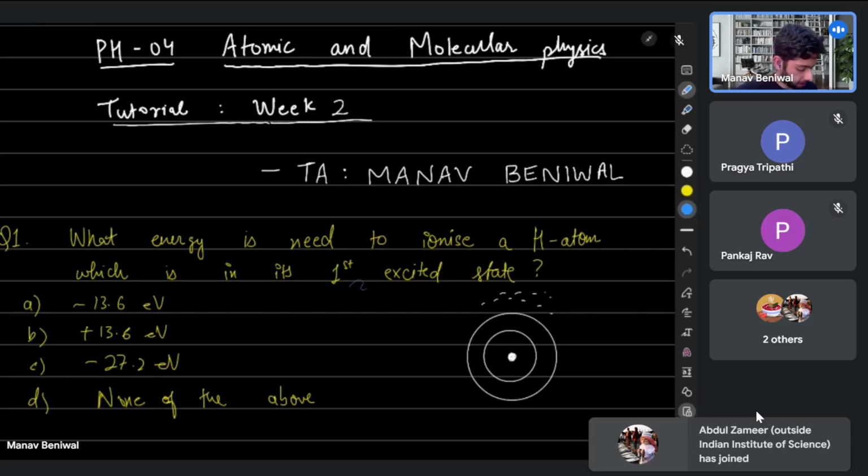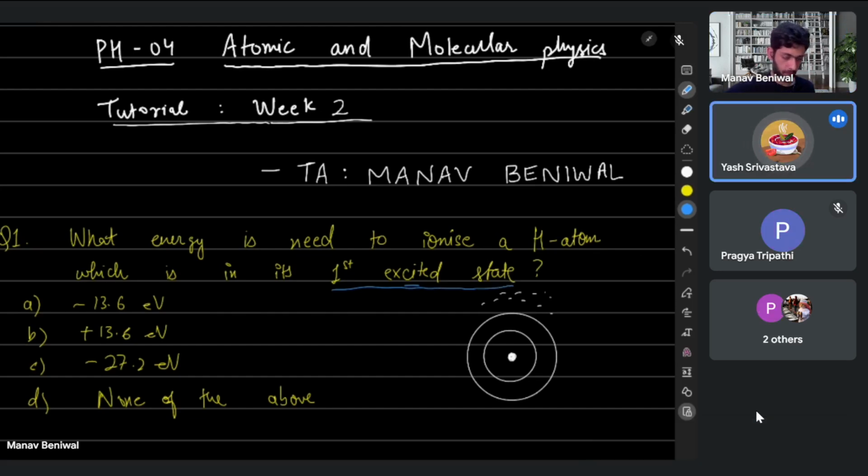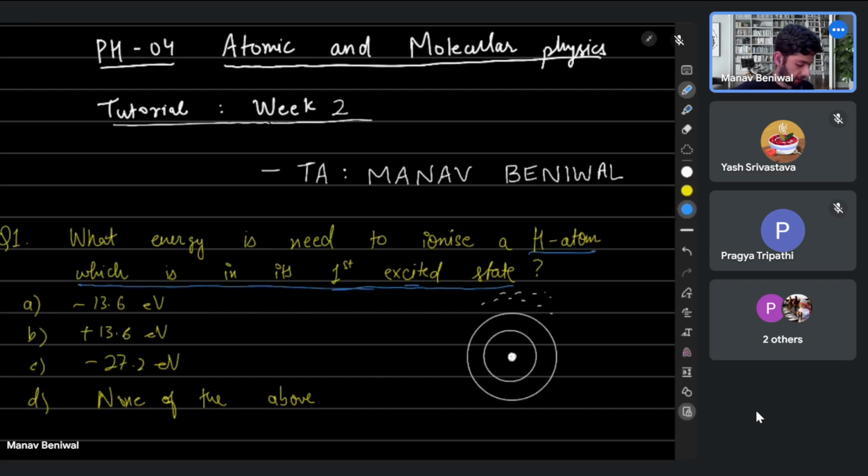What do you mean by first excited state? Going from first shell to second shell. Yes. So because the hydrogen atom is already in its first excited state, our electron is somewhere here, right? It is not in the first shell, but it is in the second shell. If it was in the first shell, we would say that it is in ground state. But because it is in the second shell, we say that now it is in first excited state.